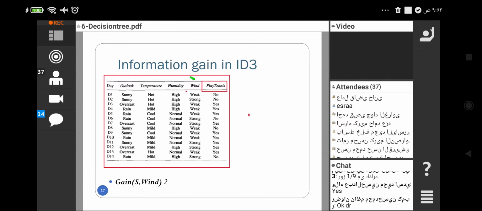If we have four nodes that are the parents of each other, for example outlook is the parent, then temperature is the child of outlook, then humidity is the child of temperature, and then wind is the child of humidity, then we have used all of the attributes in the tree, and we don't have any attributes left, so we can't grow the tree anymore, so we have to stop it.